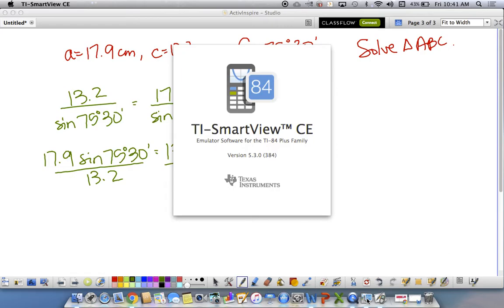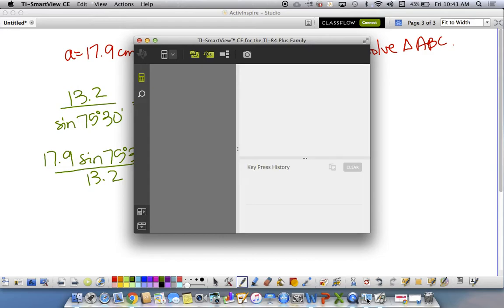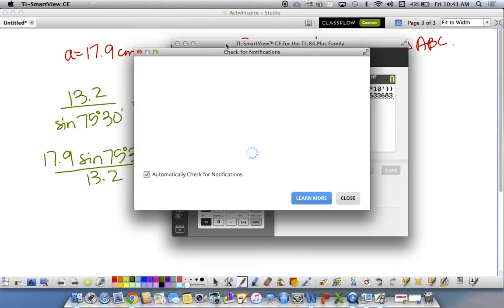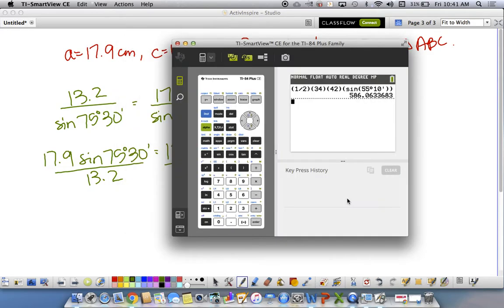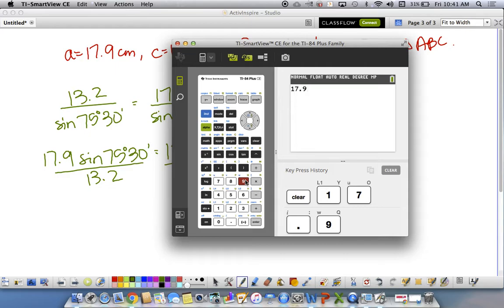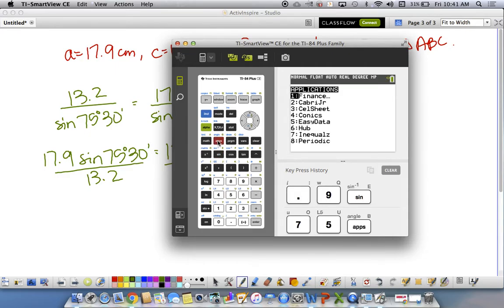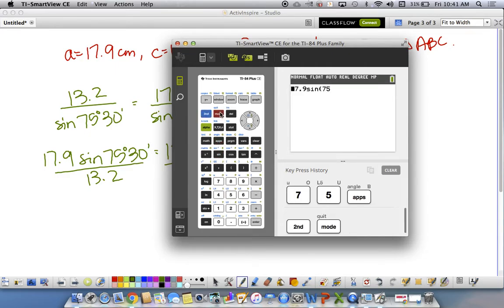So when I plug this into my calculator, we're going to clear. 17.9 sine 75 degrees, 30 minutes.